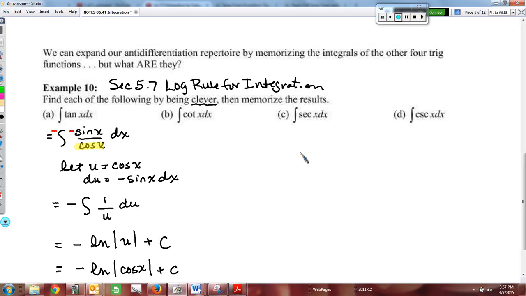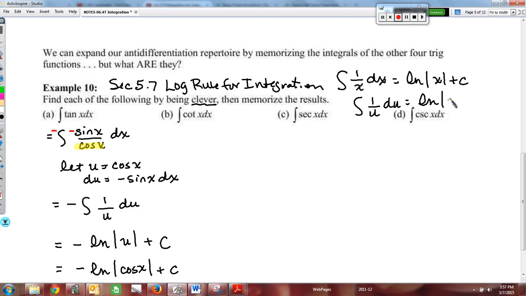Alright, so what we're typically looking for when we're integrating: if I have the antiderivative of 1 over x dx, that's the natural log of the absolute value of x plus c. And when we are doing our quote-unquote u substitution, we're trying to end up with something where we have 1 over u du, so that I can do ln absolute value of u plus c.